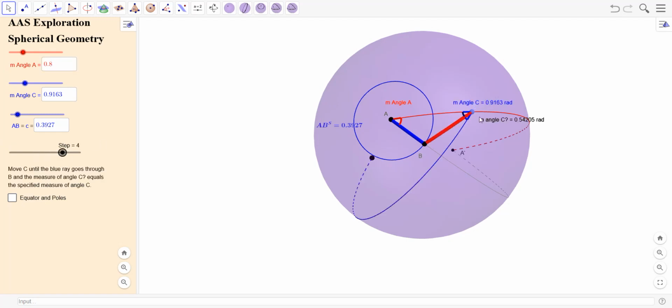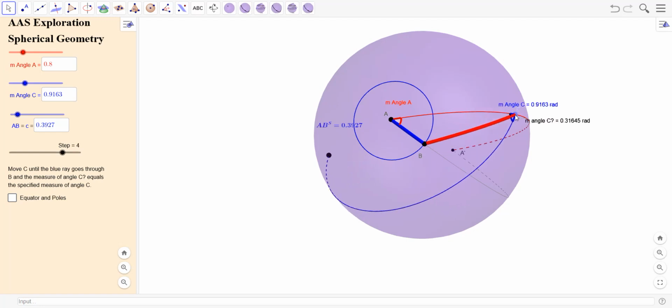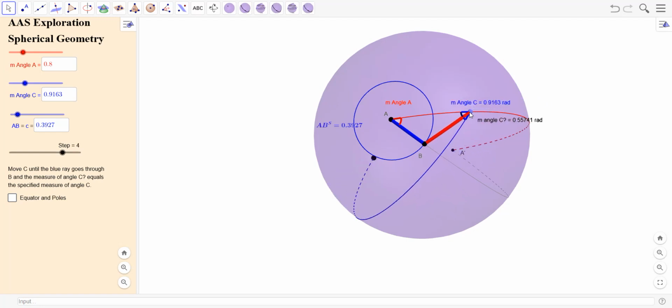We have to choose this point here, let it go around, and we want this ray and this line segment to be overlapping. And it looks like we get the same situation that we had in hyperbolic and Euclidean. It looks like it's happening just one place. But let's not be too hasty.